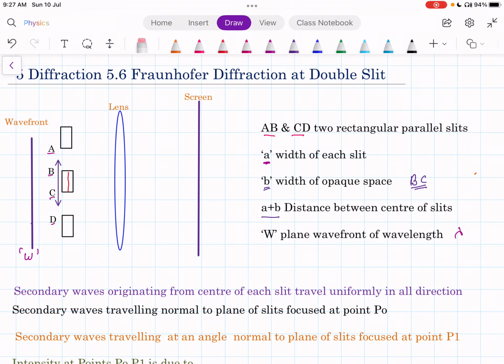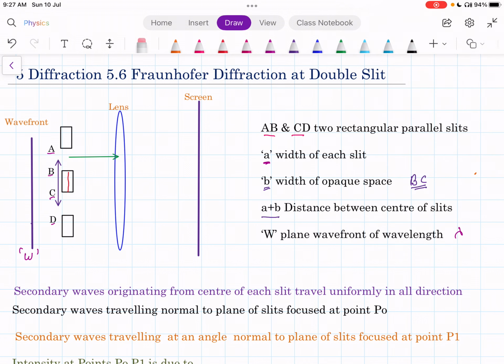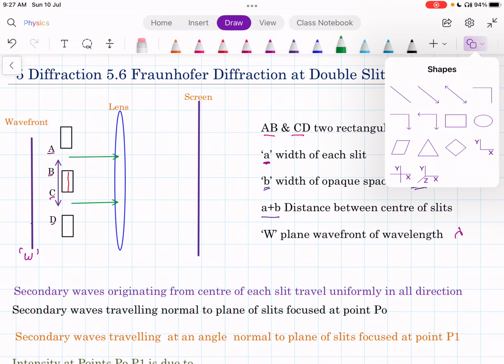Let us consider secondary waves which are traveling normal to the plane of the slits. In this case, the plane of the slits is perpendicular to this page. So, those secondary waves which start from the center of each slit and travel in a direction normal to the plane of the slits.